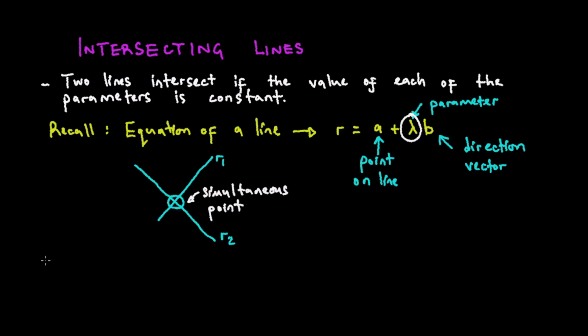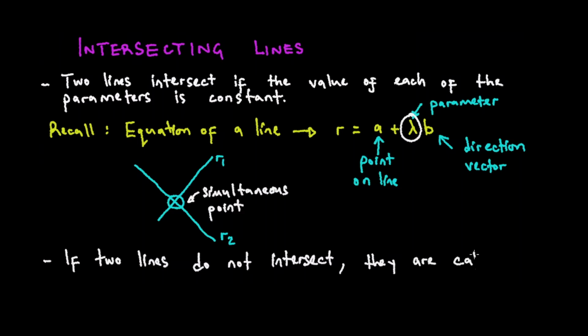But before we go there, note that if two lines, and 2 is very important, here we only deal with 2 lines. So if two lines do not intersect, they are called skew lines.